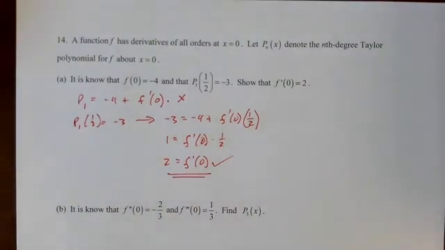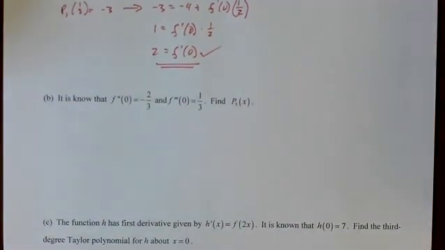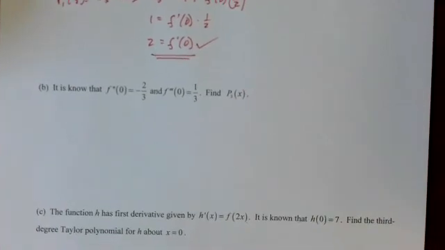Notice the math is not that hard. Understanding what they're asking and how to get there is extremely challenging. All right, so it's known that f second prime of 0 equals -2/3. Find P3 of x. Yeah, I can do that.